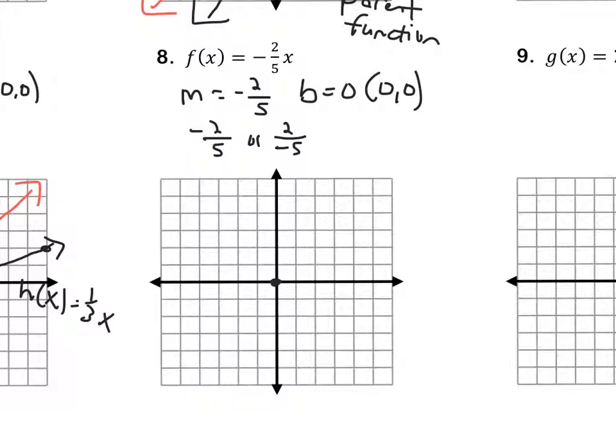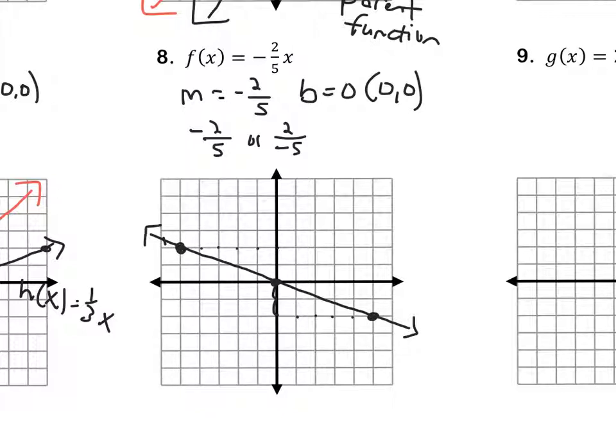So I'm going to do down 2, and then to the right 5, and that would be 1 point. And if I want another point, I have to use this slope, which would be up 2, and then to the left 5. So I'd have a point there. So draw a line through it.